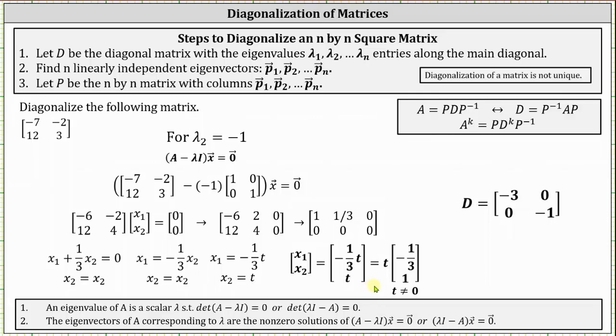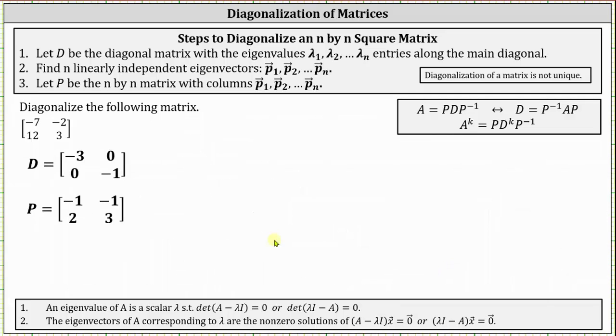And again, if we don't want to use fractions, we can let t equal 3. If t is equal to 3, the corresponding eigenvector would be the vector negative 1, 3, which is the second column for matrix P. Also notice how the vectors negative 1, 2 and negative 1, 3 are two linearly independent eigenvectors. So the last step is to find the inverse of matrix P, which I've shown here in the middle.